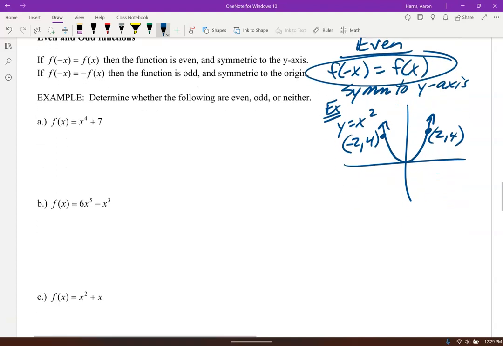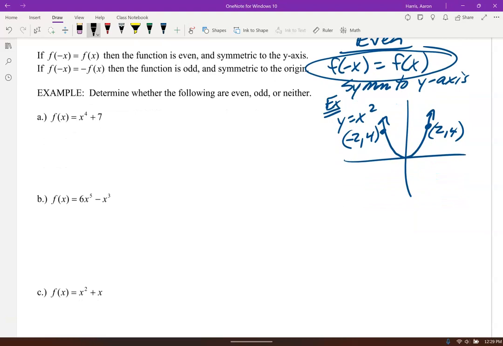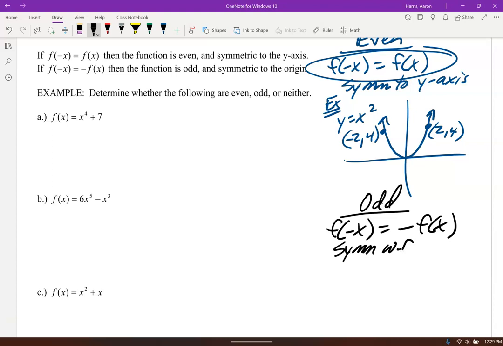Now, odd means you're symmetric with respect to the origin. In other words, f of -x equals -f of x. So it's symmetric with respect to the origin. I always like to think of y equals x cubed.